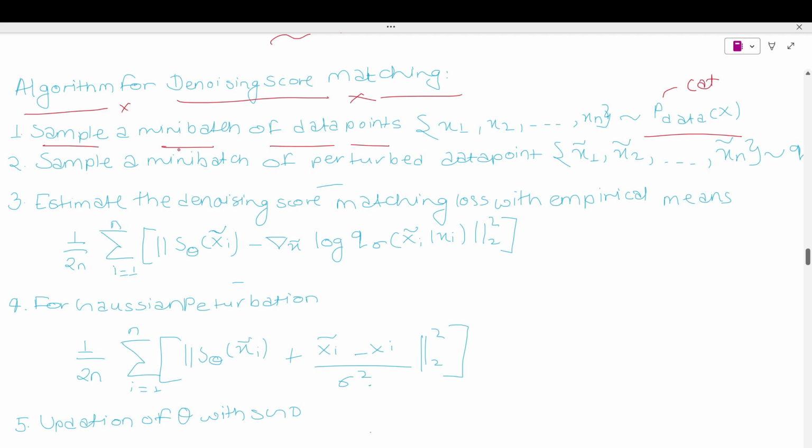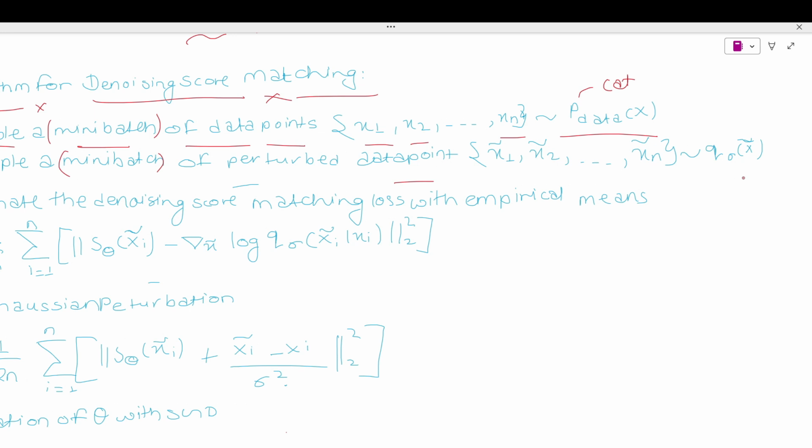We're going to sample a mini batch of data points like x1, x2, up to xn. It is discrete and countable, not infinite. Then we sample a mini batch of perturbed data points from the noisy version of the distribution, which gives x1 tilde, x2 tilde, up to xn tilde.